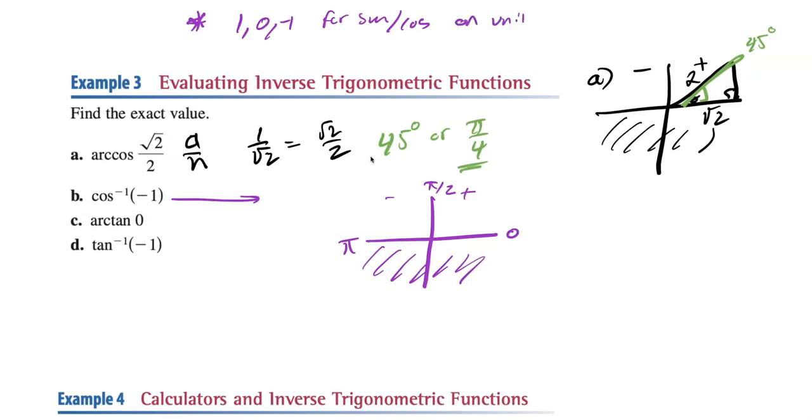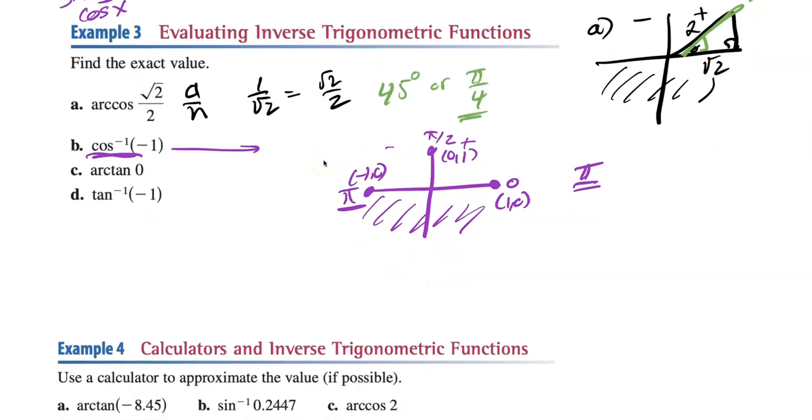It's a quadrantal angle. So it has to be one of these points. So we have 1, 0; 0, 1; -1, 0. Remember cosine is x. So you're looking for the x value where it's -1, and that's at pi.